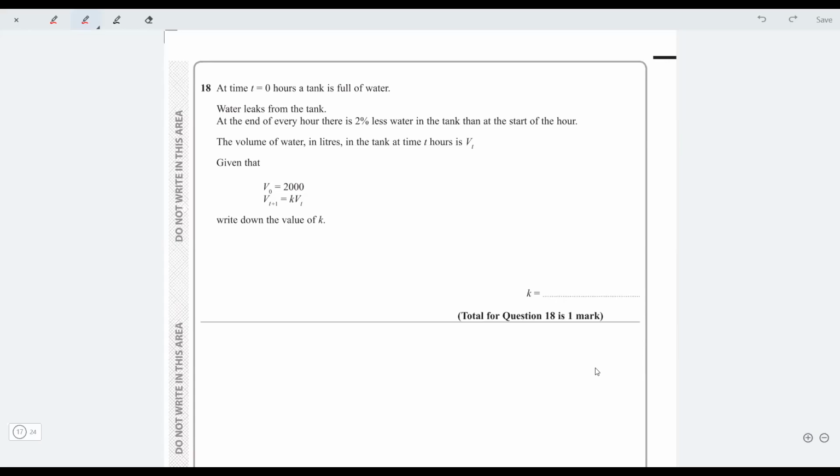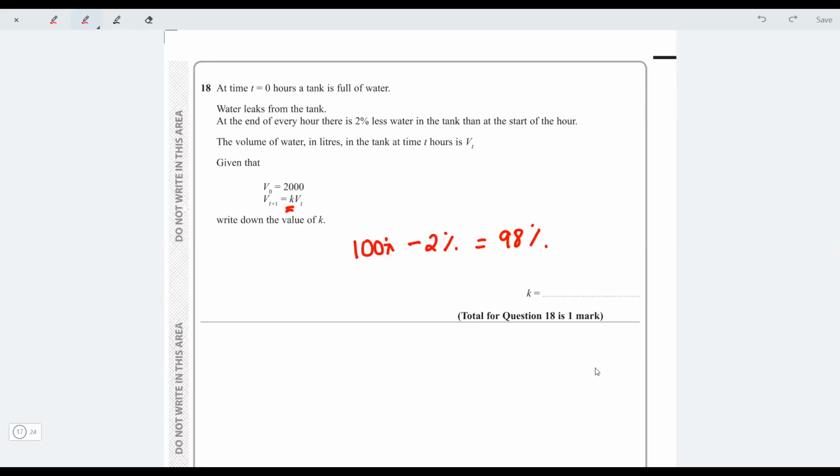To get the next value, we have to do K times Vt, so the one previous. Because there's 100%, isn't it, to start off with? There is 2% less, that means there's 98%. Now, K is your multiplier, the number you're going to times with.